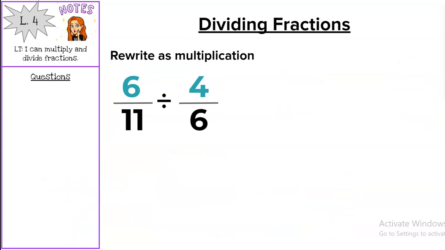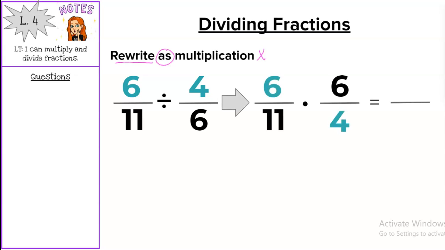All right, now let's talk dividing fractions. In order to divide fractions, we need to rewrite as multiplication. So to do this as a division problem, we have 6 over 11 divided by 4 over 6. To rewrite it as a multiplication problem, you keep the first fraction.